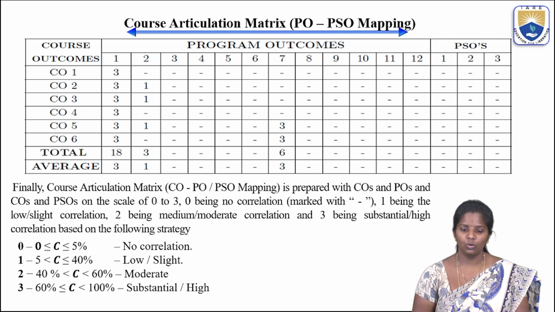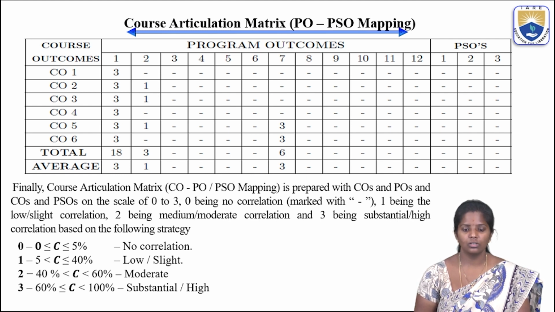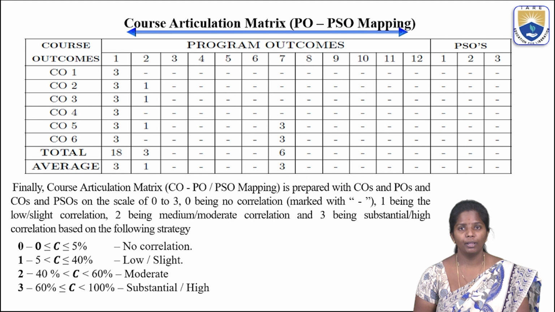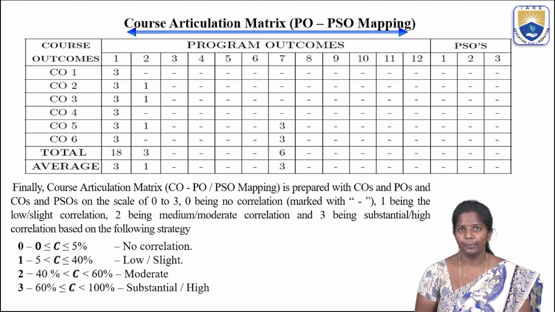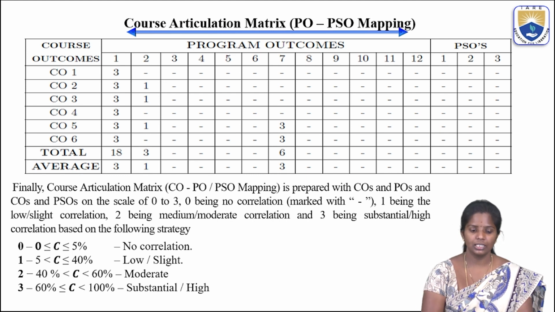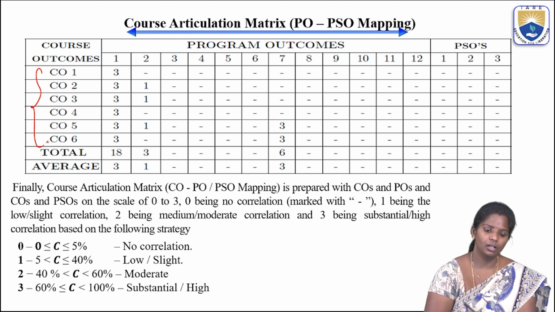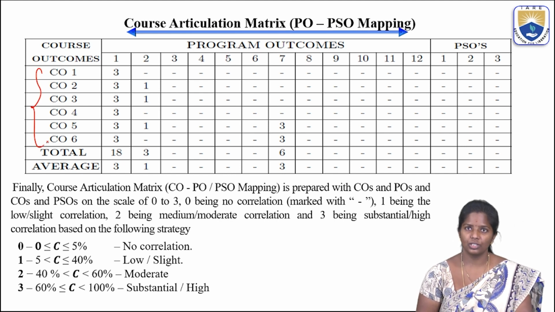If we come to the course articulation matrix, this is the overall course outcome matrix. This is called the course articulation matrix for PO and PSO mapping. For example, the whole program is like a BTech program, and he has this particular course. That is nothing but course outcomes. Each module is divided into outcomes, and there are 6 course outcomes, CO1 to CO6.